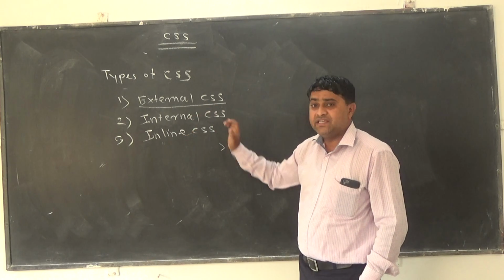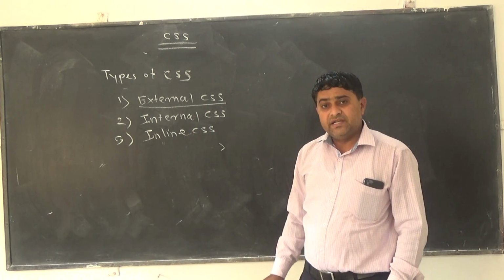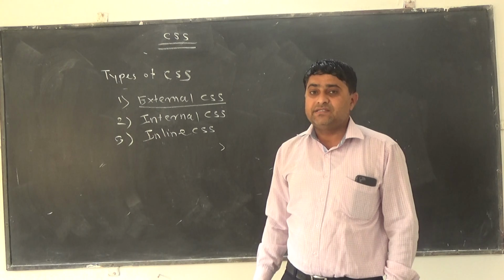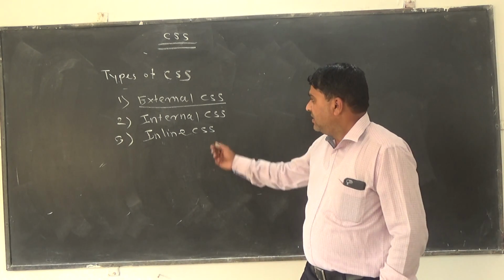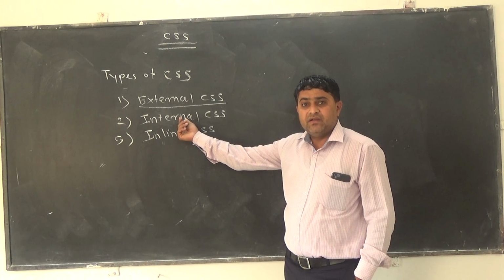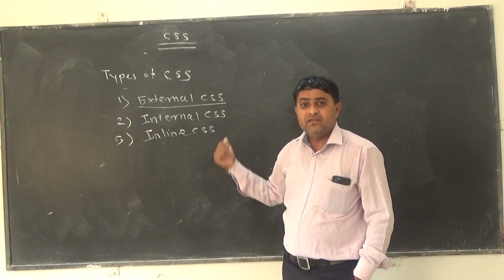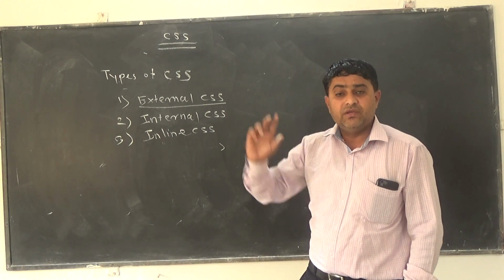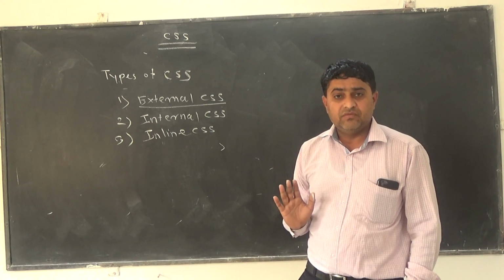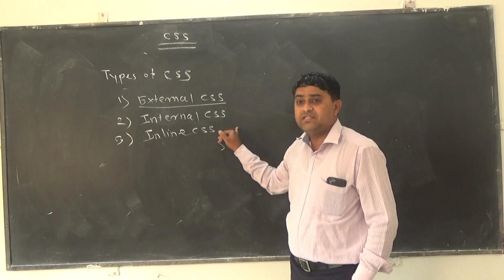Next one, internal CSS. The syntax of the internal CSS and external CSS is the same, but the rules we define for the internal CSS are in the head element of your HTML structure, and that is called the internal CSS.